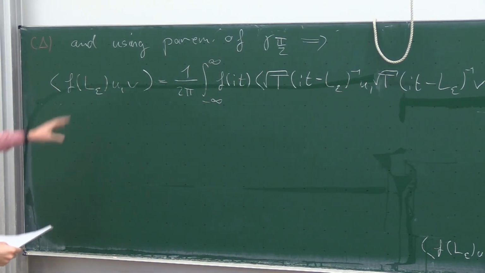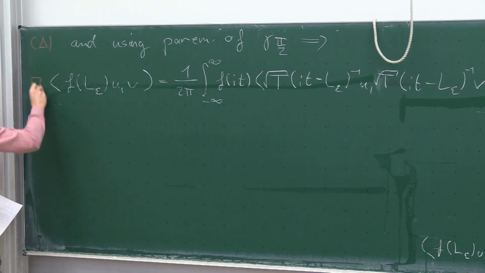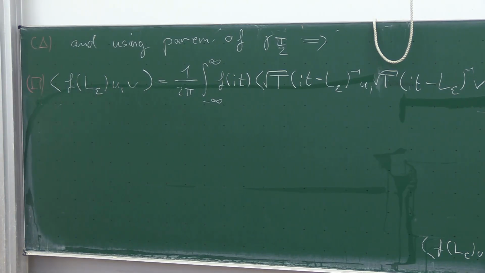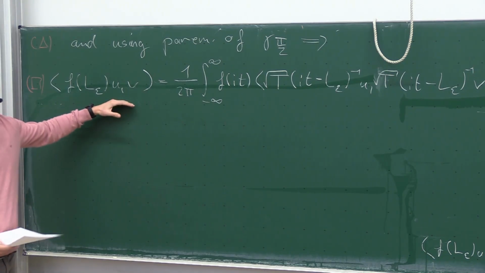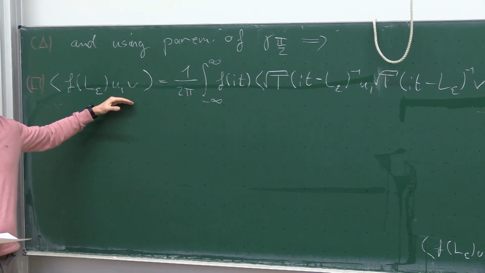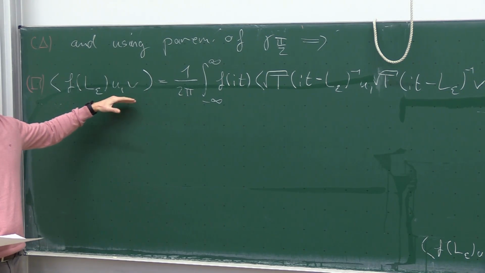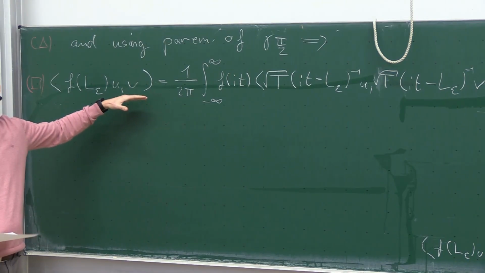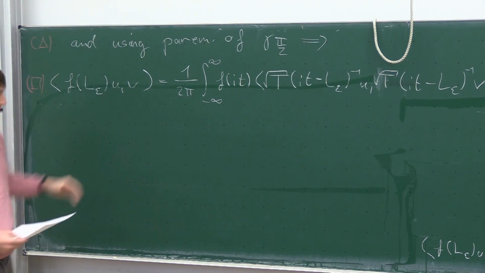And this is a new identity, which we now denote by square. And I claim now that this identity doesn't just hold for H0 infinity functions, but for all H infinity functions, so for all bounded holomorphic functions.